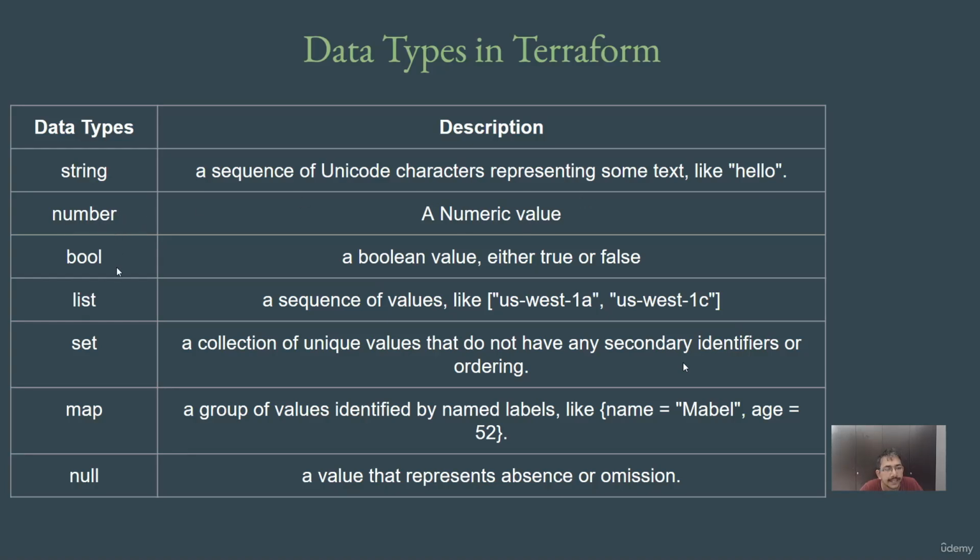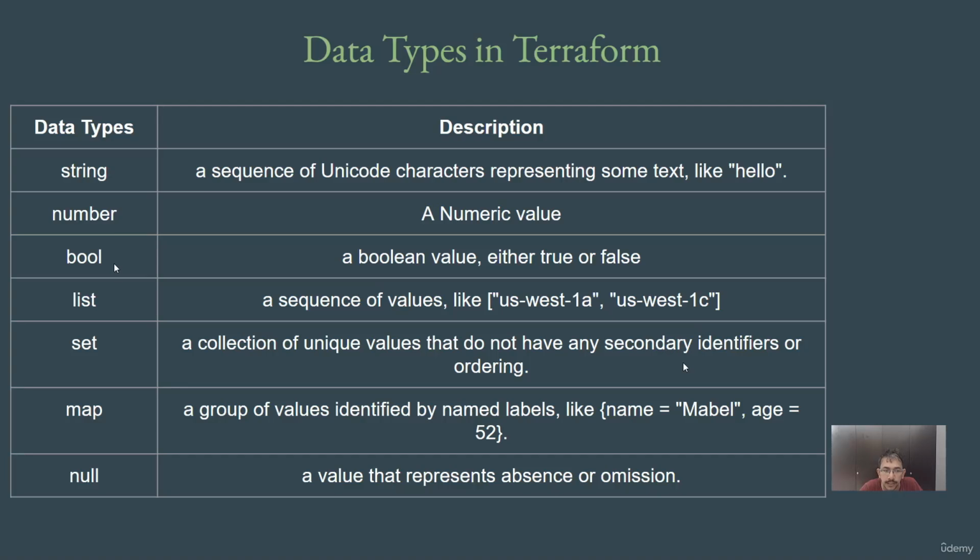Apart from that, there are various other data types like boolean, list, set, map, null and so on. Again, depending upon the use case, all of these data types prove to be very important. At this stage, our aim is to understand data types at a very high level. As and when required, we'll have a separate dedicated video for each data type that Terraform supports.